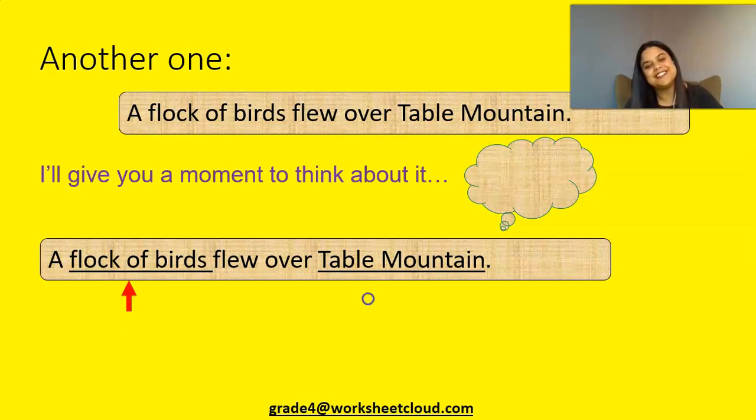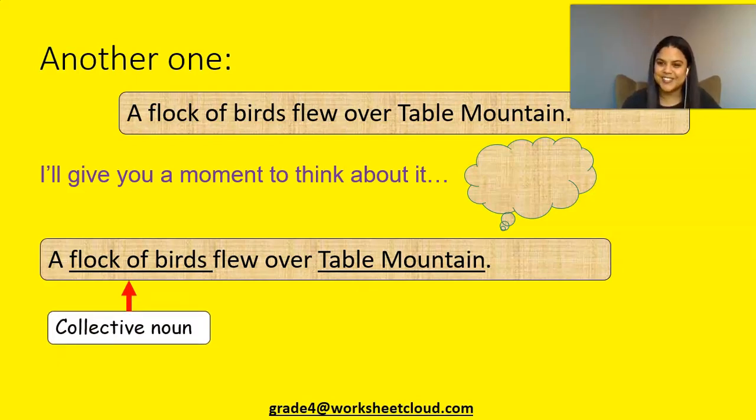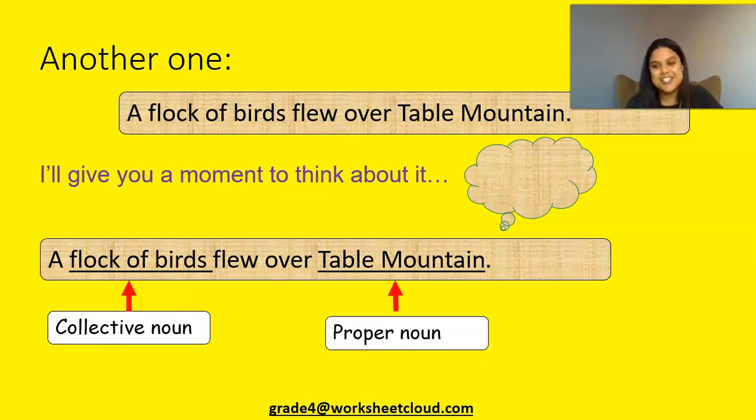The first one, collective noun. The second one is a proper noun. Well done. I hope you got it right, grade 4s, but I'm sure you did. And if you didn't, watch it again to see where you maybe went wrong.